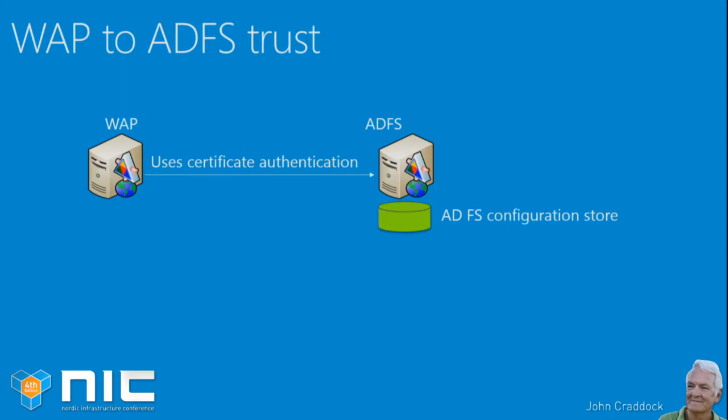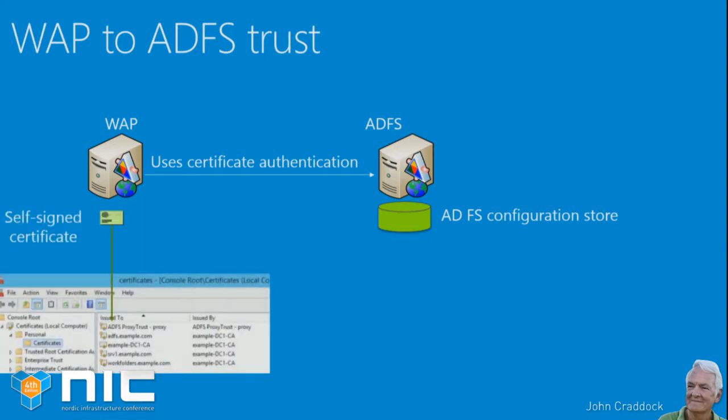After that, we don't need those credentials anymore. It's purely done by the use of the certificate, and the WAP renews the certificate before the previous one expires and writes it into the database using the authentication provided by the original cert. If you look in your local computer store of the WAP, the self-signed certificate is there.